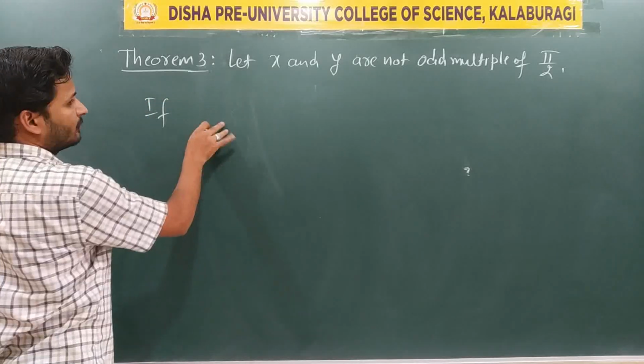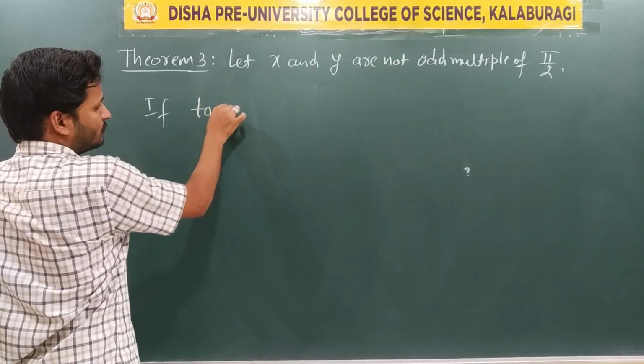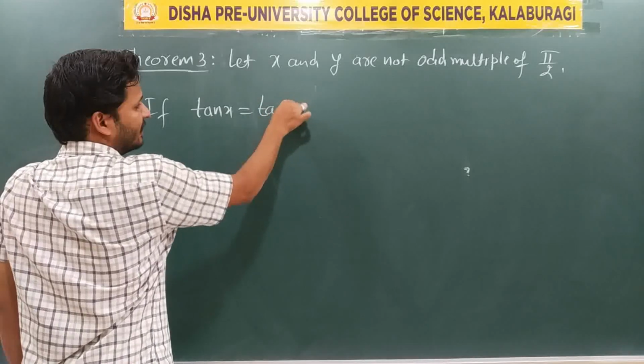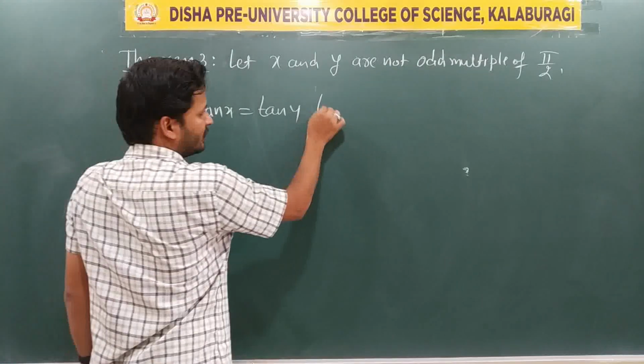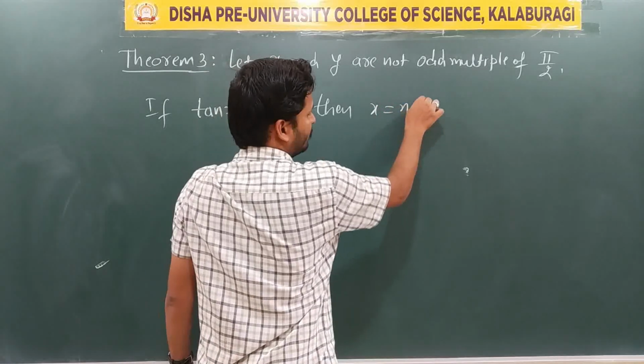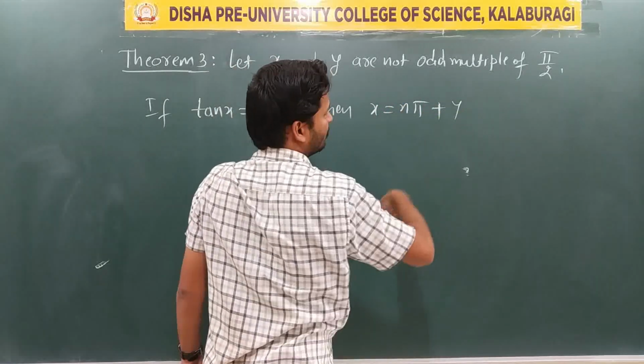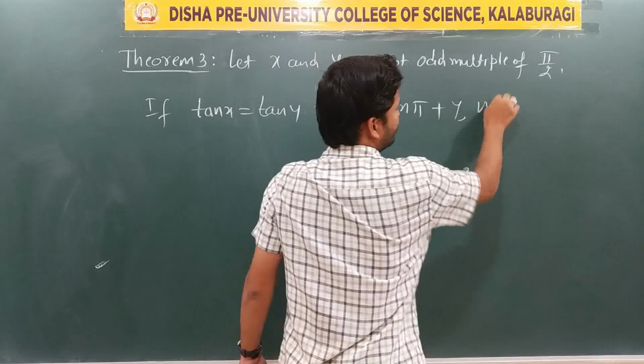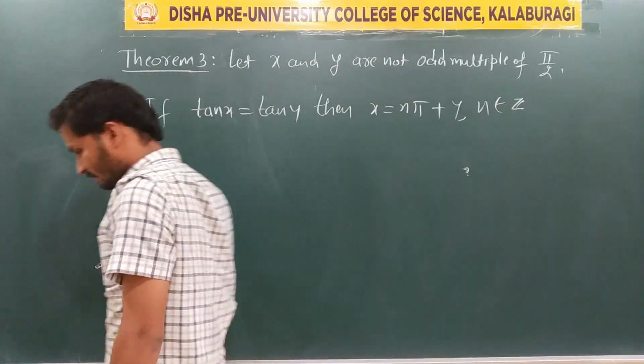If tan x is equal to tan y, then we need to prove that x is equal to n pi plus y. Here n belongs to the set of integers.